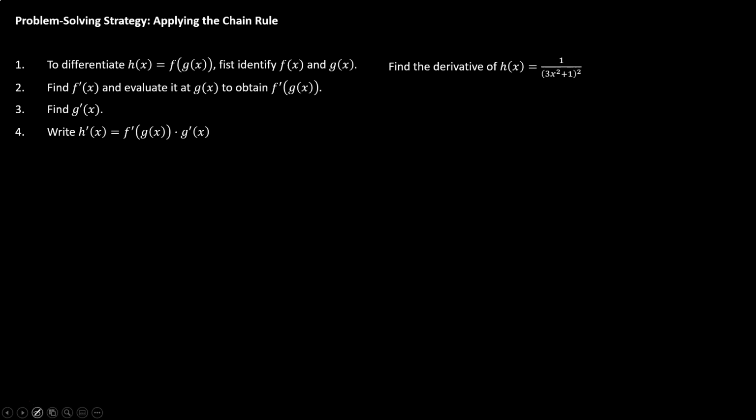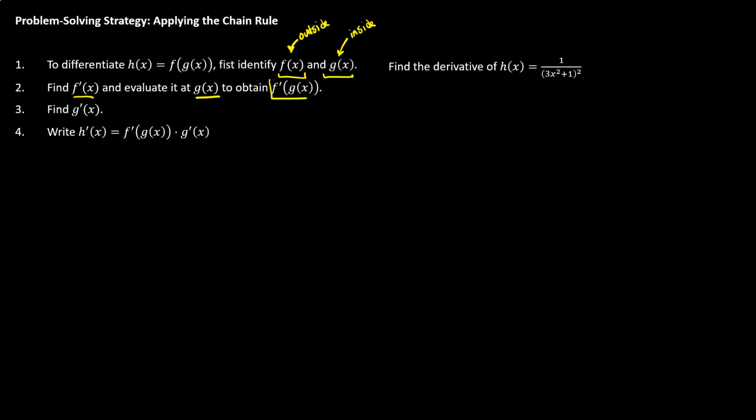In short, to apply the chain rule, what we're going to do is first identify the compositions. So find out what the outside function is, find out what the inside function is. Then we need to find the derivative of our outside function, and then plug in the inside function.